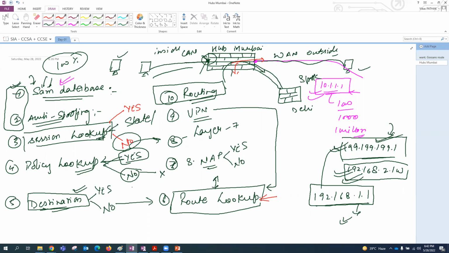Okay. Now you might be thinking, okay, this is the packet flow. Some of you are freshers, or maybe working in another domain, maybe monitoring or some other domains of the network. You do not know how the firewall works. So let me give you a brief of how the firewall works also.